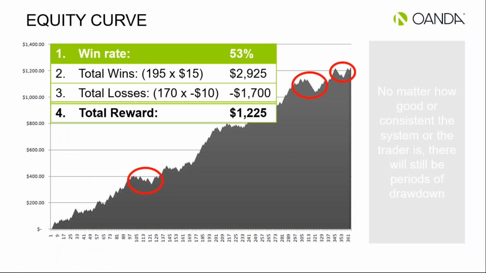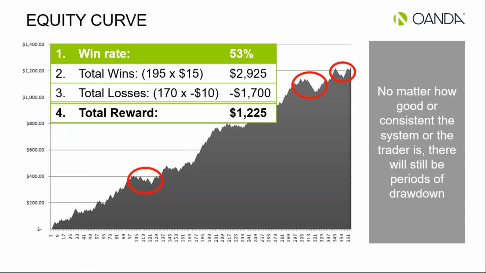And this is what your equity curve looks like on the same parameters, on the same rules of that game. From our random number generator, we won 53% of the time, and every time we won, we gained $15. So here we go, 195 times we won out of 365, and we gained $2,925.